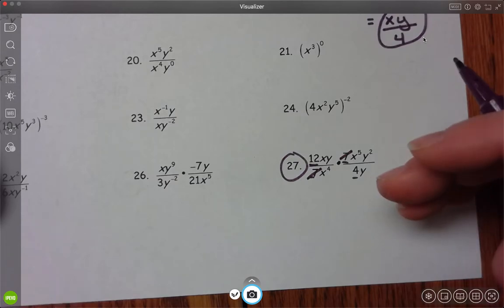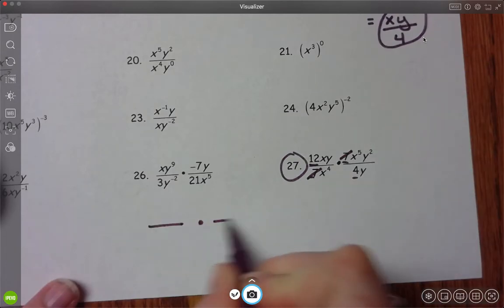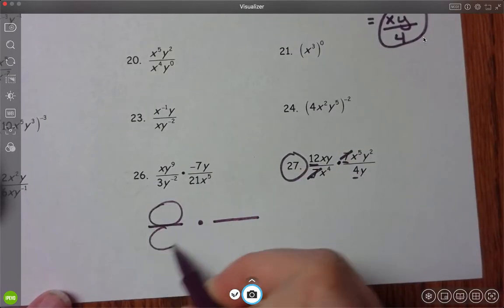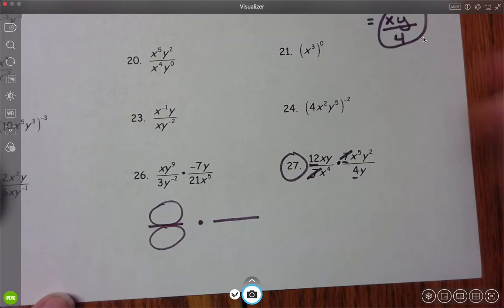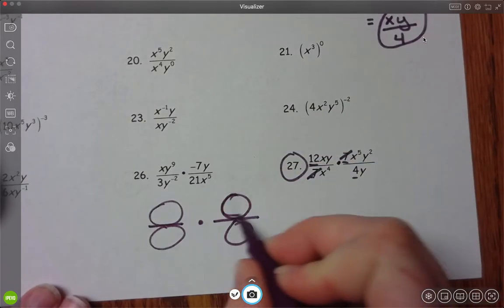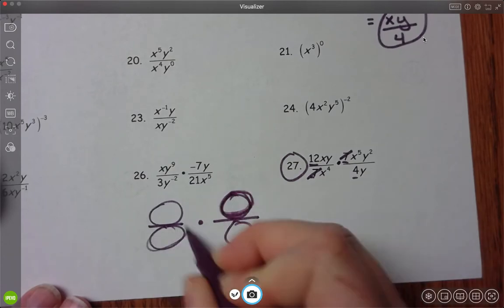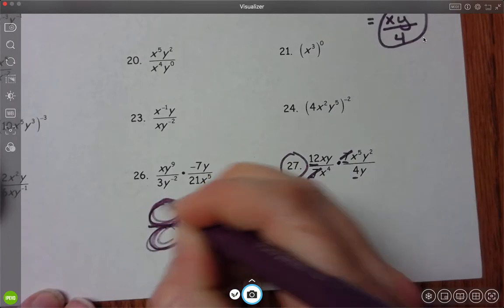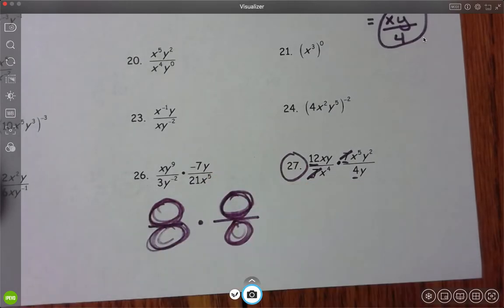So like if I'm multiplying, if I have something here and something here, I can reduce those, okay? If I have something here and something here, I can reduce those. So one of them has to be on the top, one of them has to be on the bottom.